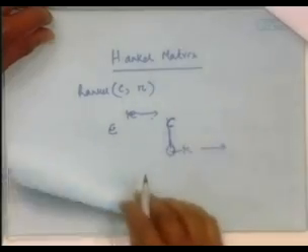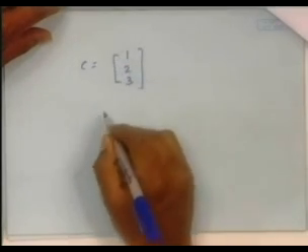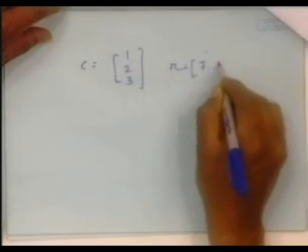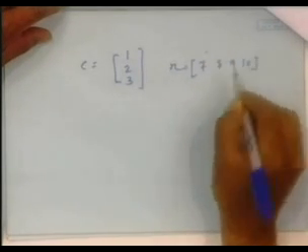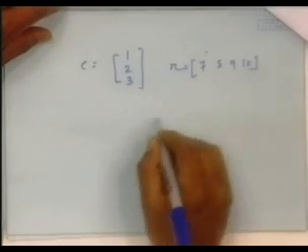For example, suppose I have a vector like this. Let us say C is equal to 1, 2, 3, and R is equal to, say, row vector 7, 8, 9, 10. So, if you write hankel(C,R), what will happen?